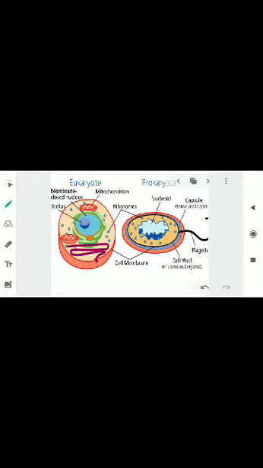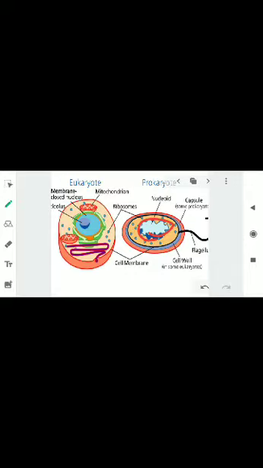The primitive cells are called prokaryotes or prokaryotic cells. The difference between eukaryotic and prokaryotic is that prokaryotes do not have a defined nucleus. Their nuclear material is spread in the whole part of the cell. That is why it does not have a membrane bound nucleus.